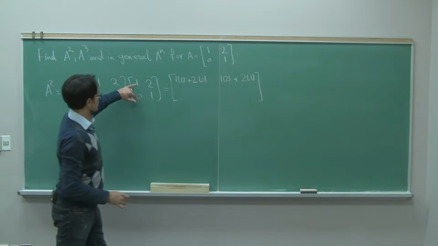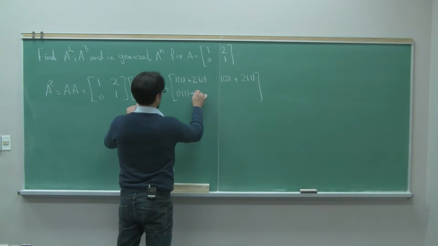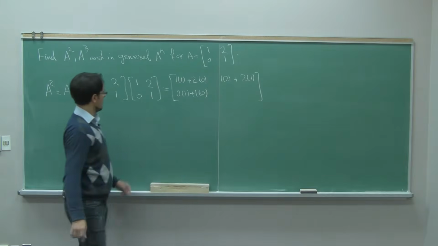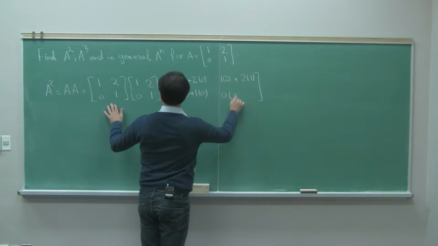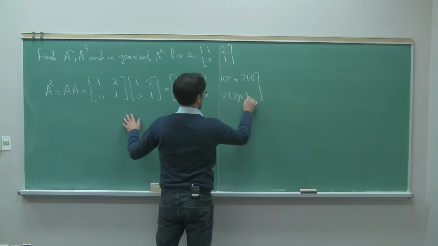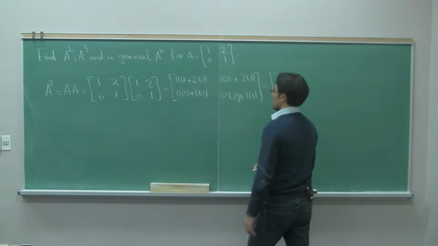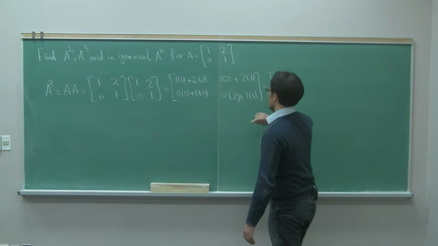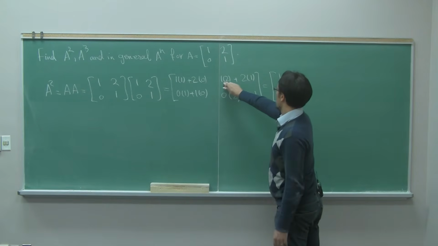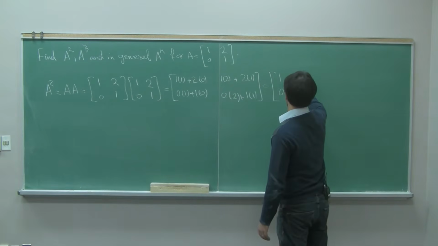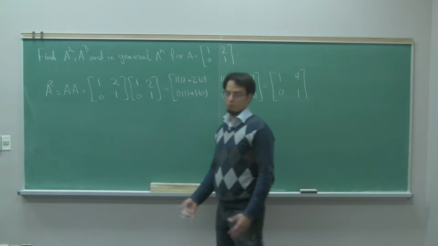Then 0 times 1 plus 1 times 0, and 0 times 2 plus 1 times 1. Well, I have 1 plus 0 is 1, 0 plus 0 is 0, 2 plus 2 is 4, and this is 1. This is A².